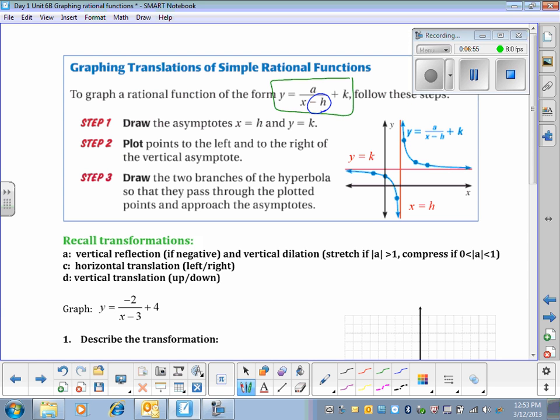No, the h tells us the horizontal movement. When I say horizontal, I mean what? Left or right? Okay?